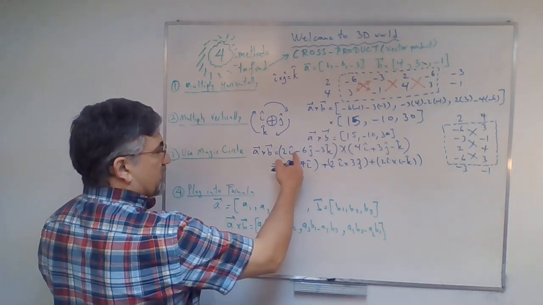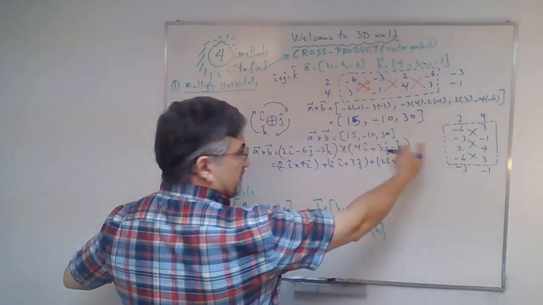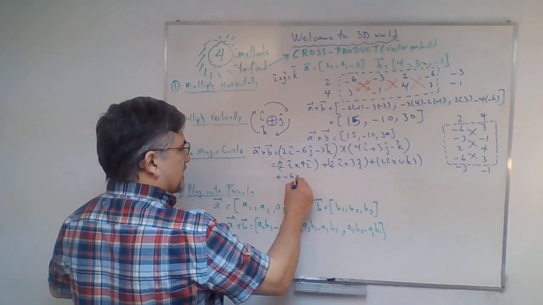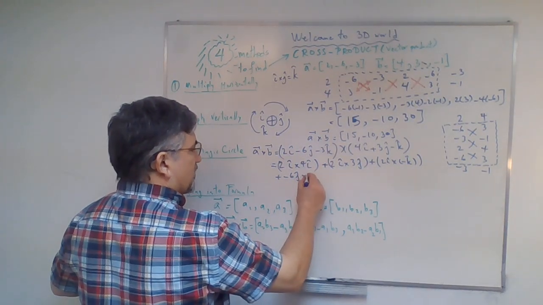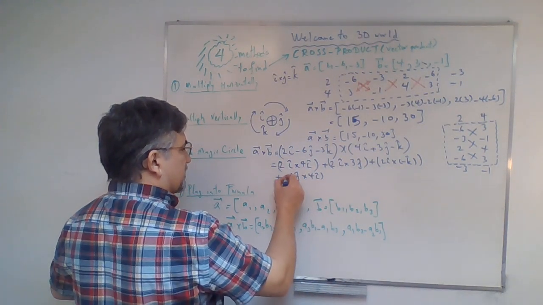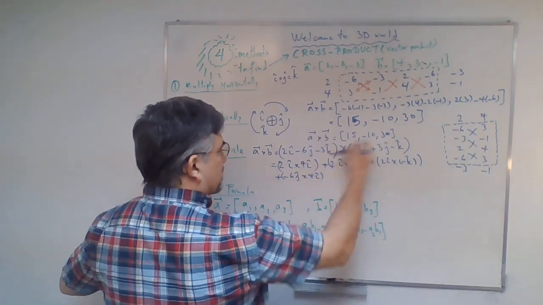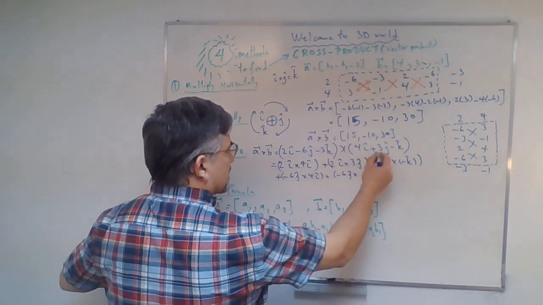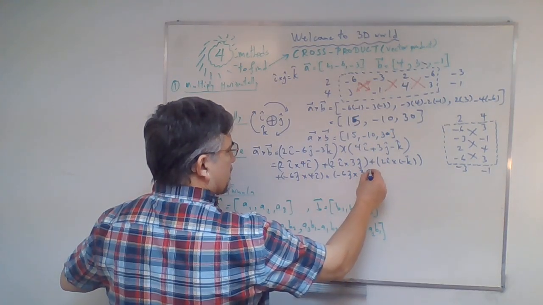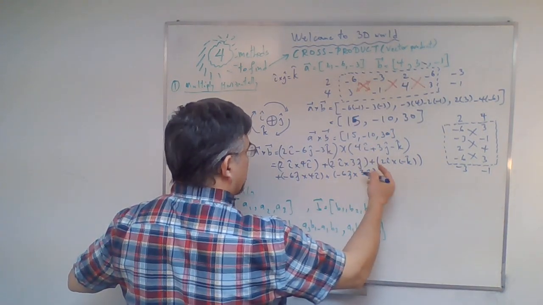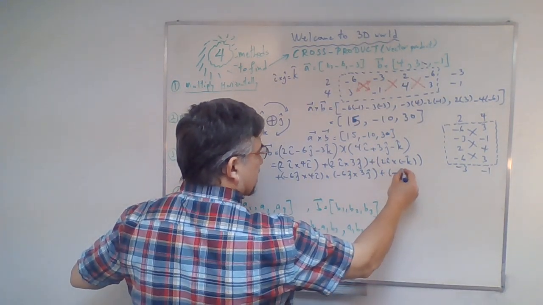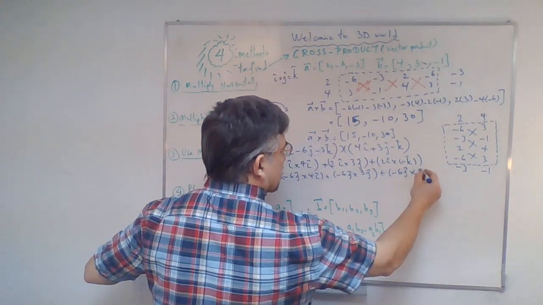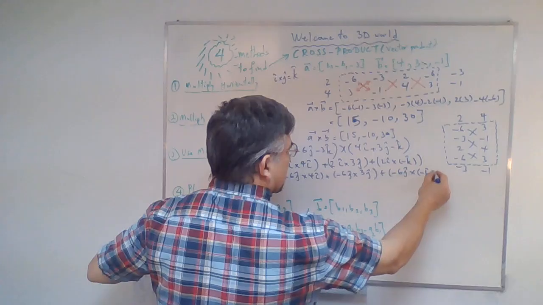Okay, and then I multiply 2i hat by everything, and now I add negative 6j hat cross 4i hat. Okay, that's the next one. And then next one will be negative 6j hat cross 3j hat. And then the last one, negative 6j hat cross negative k hat.